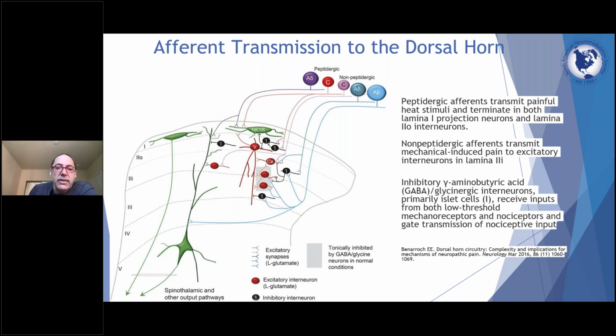Their output is modulated by inhibitory interneurons, which are tonically active, that contain GABA and glycine in normal conditions. And those are under the control often of non-nociceptive afferents. And it's this type of circuitry which gives the basis for the gate control theory, whereby non-nociceptive sensory input can reduce nociceptive input transmission to the forebrain through the connectivity in the dorsal horn.